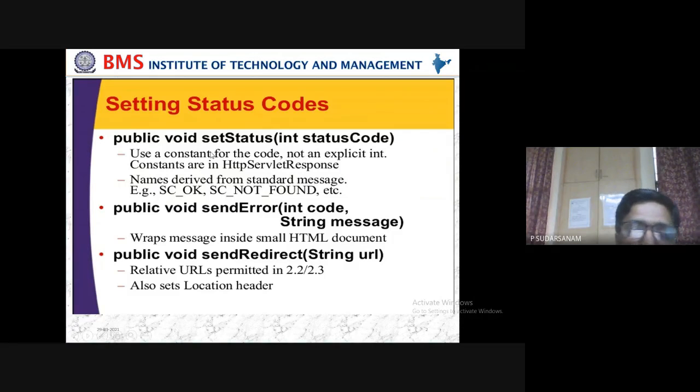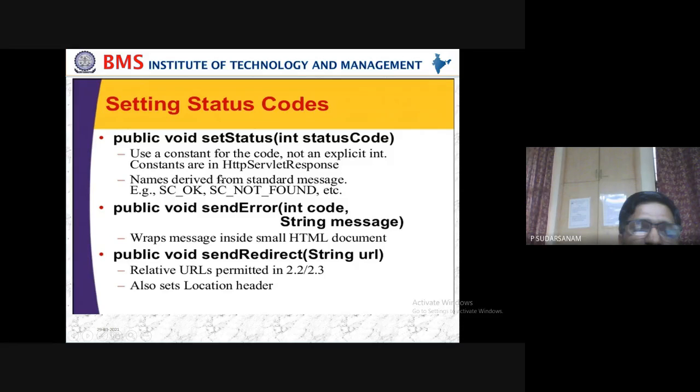Instead of the numbers, you can even write SC_OK, or SC_NOT_FOUND, which means the resource is not found. Those are the examples we can see. So public void setStatus: use the constants for the code, not explicit integers. It is contained in HttpServletResponse.